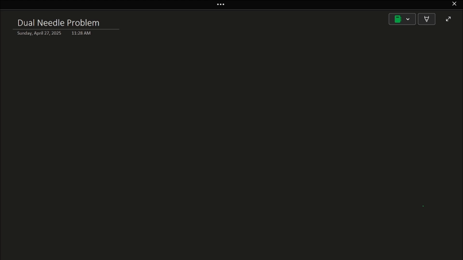So, before we get into how to solve it, we should probably look at what the problem actually is. Basically, let's say we have two needles and we throw them down randomly. So we have one needle, maybe lands kind of like that, and has a center point right there. And another needle that lands kind of like that, and has a center point right there.